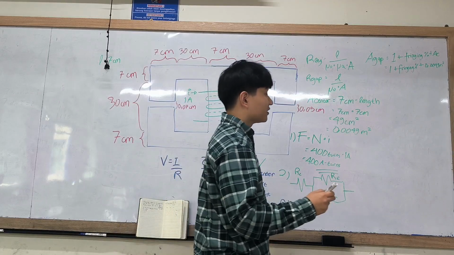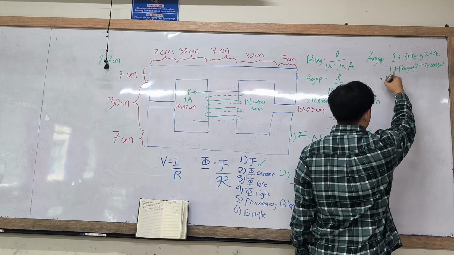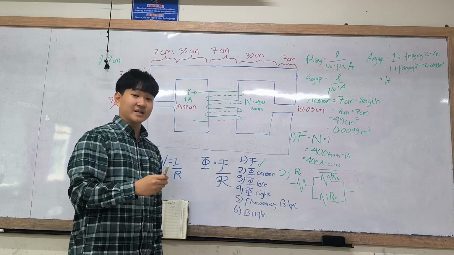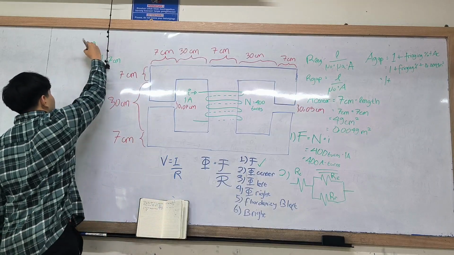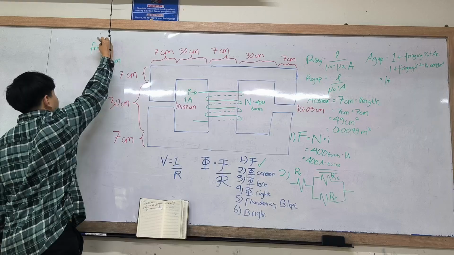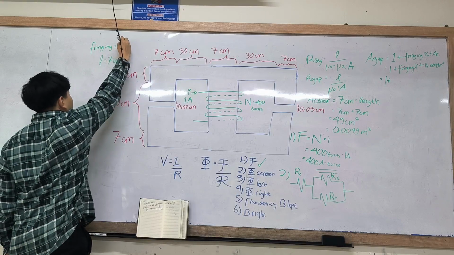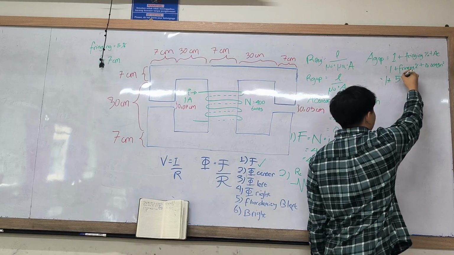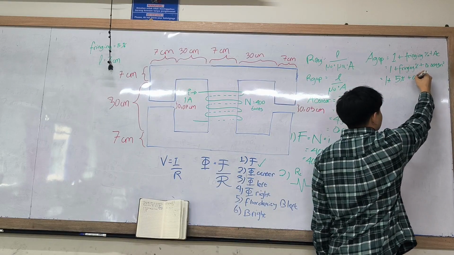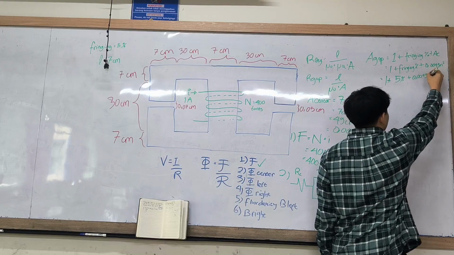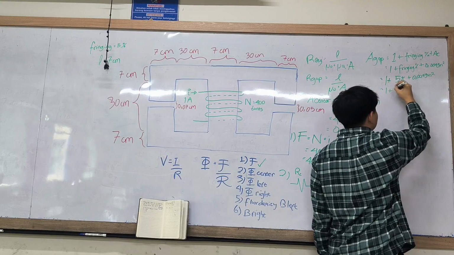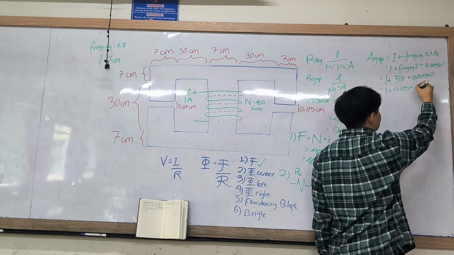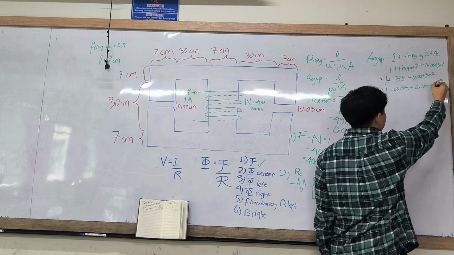Written in this formula, fringing will be 5%. So if we assume that the fringing is widening the line by 5%, the area for the gap would be 1 plus 5% times 0.0049 meters squared. Thus 1 plus 0.05 times 0.0049 meters squared.